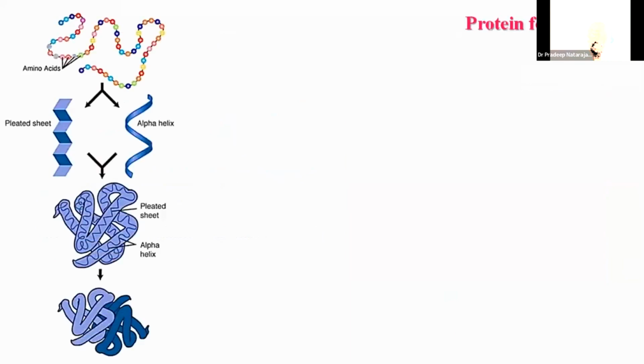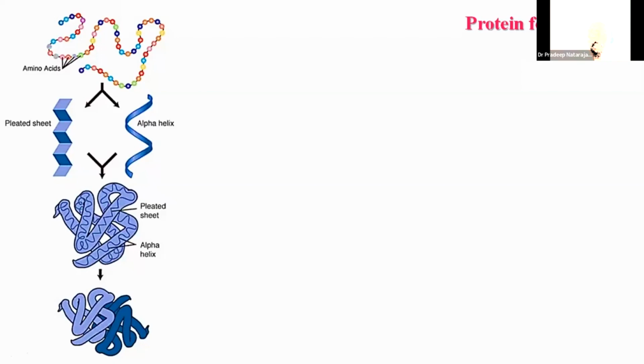Let's discuss why we need to go for the native structure of the protein. You all know amino acids are the basic units of protein structure. These amino acids are like beads joined into a thread, like a garland. But amino acids do not exhibit function as a polypeptide chain.